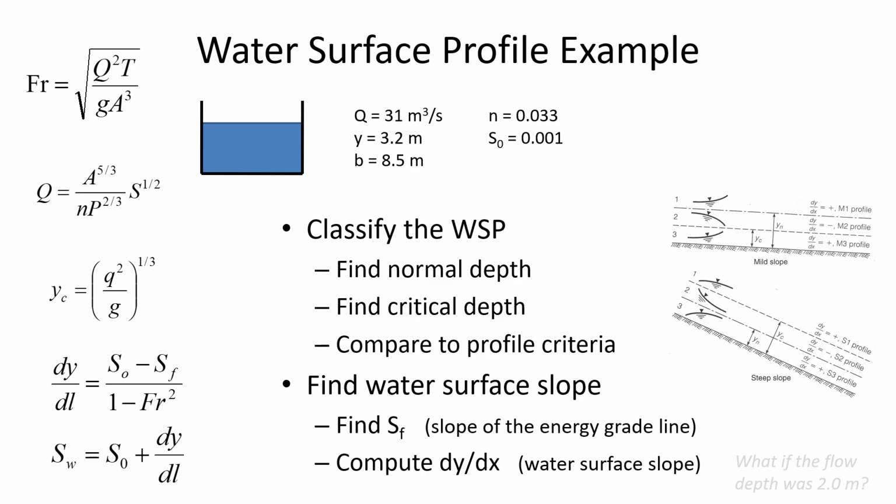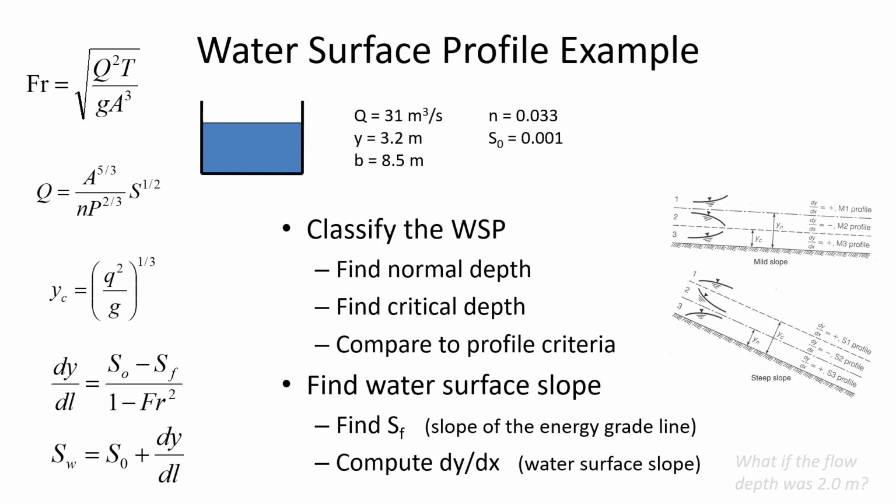It's not wide from the technical standpoint, where you remember we say it's wide if it's 20 times wider than it is deep. This is not that. So to find the normal depth, we'll have to use the full version of Manning's equation. And then we'll compare y to yc to the measured depth of 3.2 meters. We want to know at the location where the depth is 3.2, what's the water surface profile there?